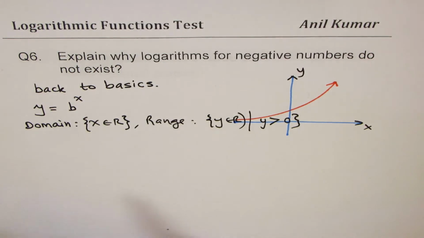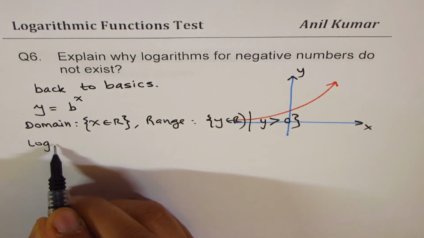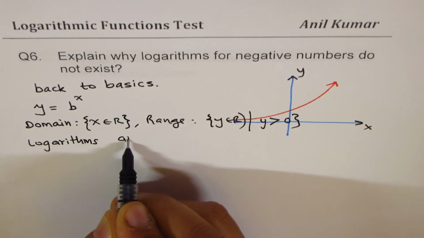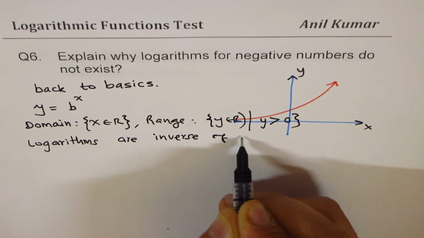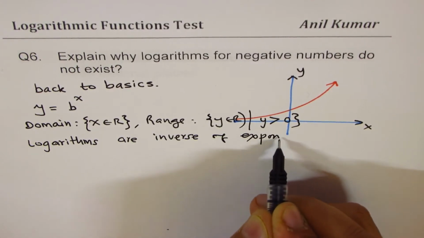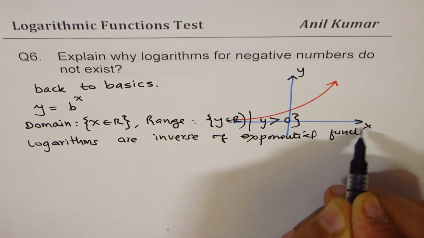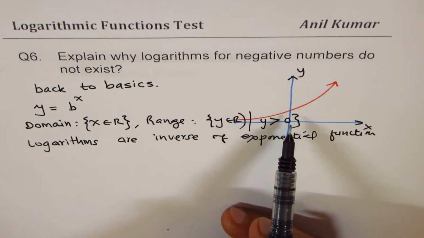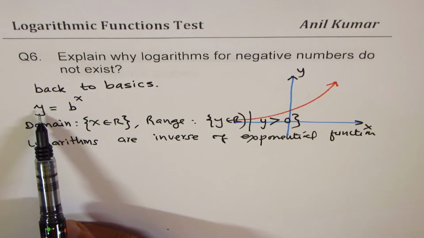Now what are logarithms? Logarithms are the inverse of exponential functions, correct? So basically what you notice here is that the y value is never negative.